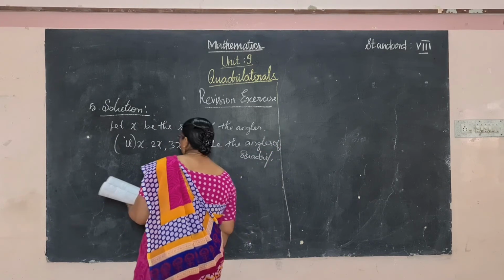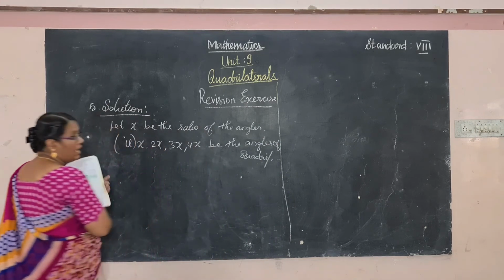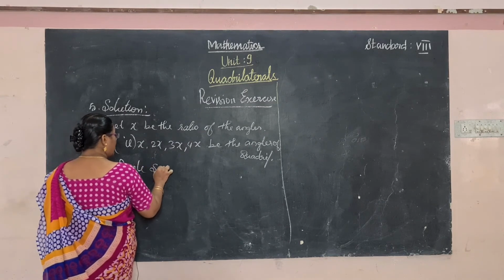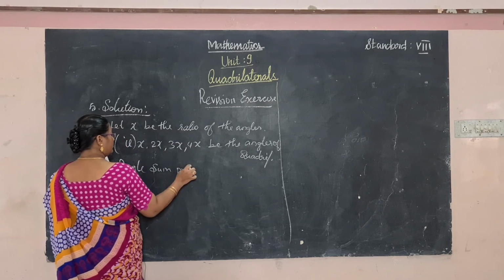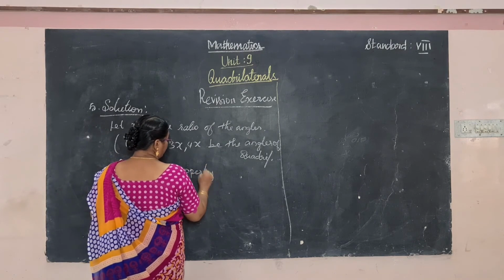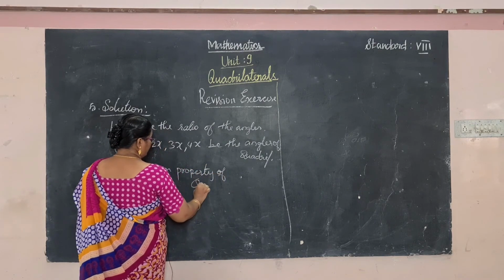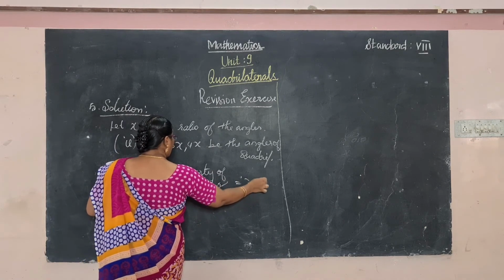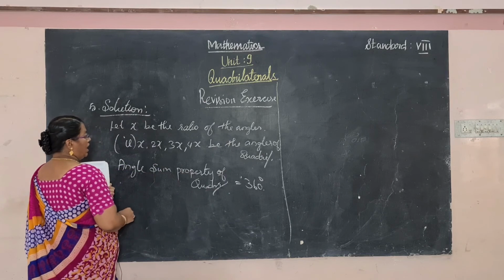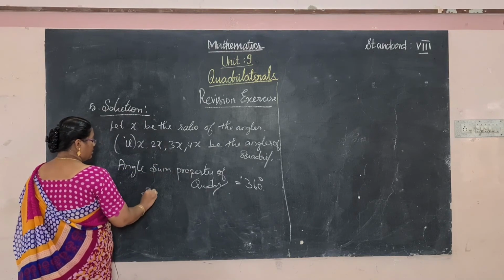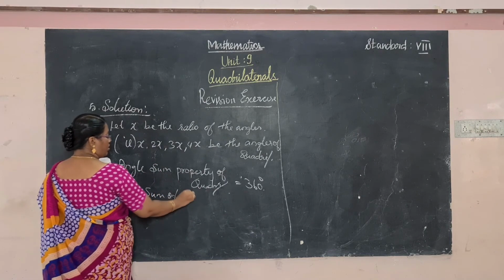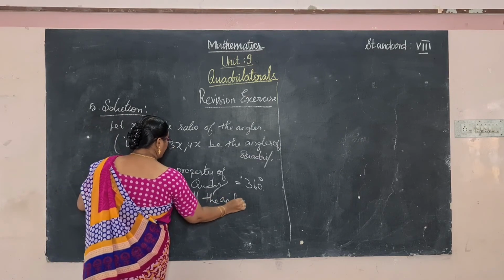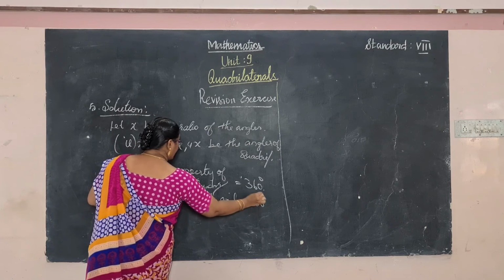Okay, so we use the angle sum property. Angle sum of a quadrilateral is equal to 360 degree. So sum of all the angles equal to 360 degree.